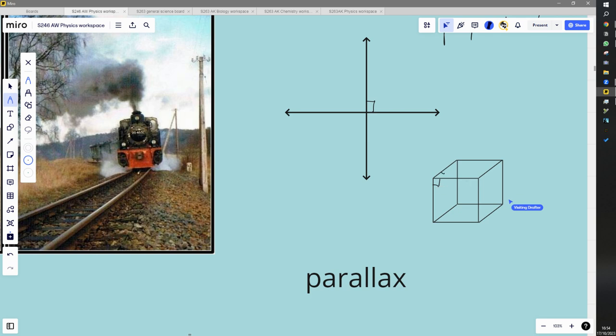This angle here is supposed to be a right angle, but if we look at it and actually look just at these lines, it's clearly not a right angle. So if we think about it, that's actually what we would see. It's not just how we represent it on a piece of paper, but it's actually what we see if the cube is transparent. It's what we actually see with our eyes. So we don't see with our eyes this right angle here.